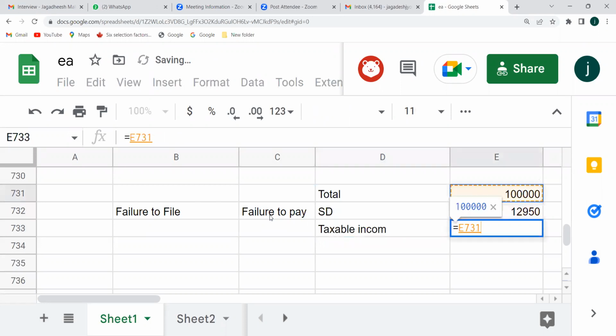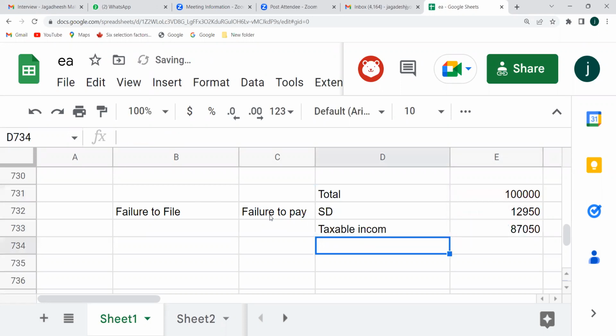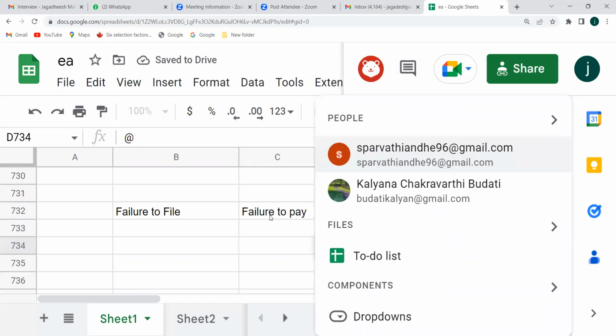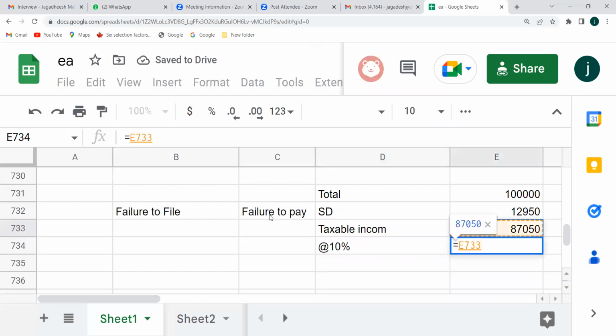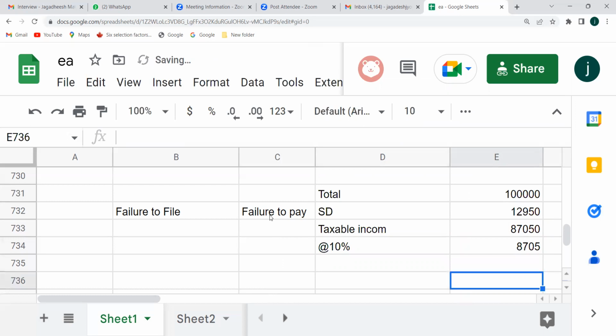It is 100,000 minus 12,950, which is 87,050, at the rate of 10%, for example purposes only. It will give you 8705, right? So 8705 is your tax amount, which you are supposed to pay within the due date.